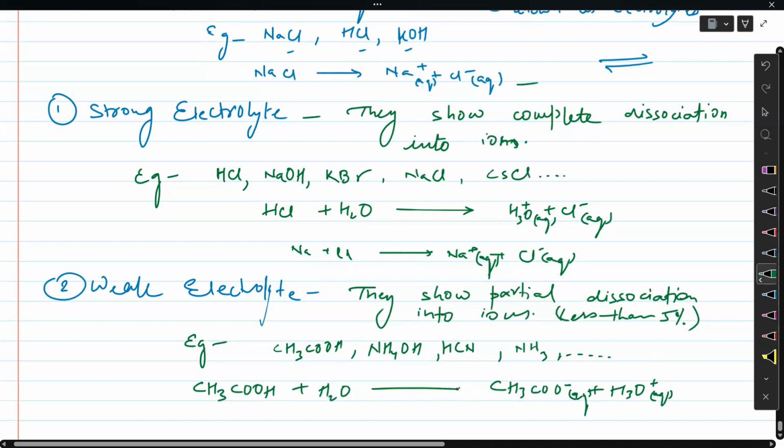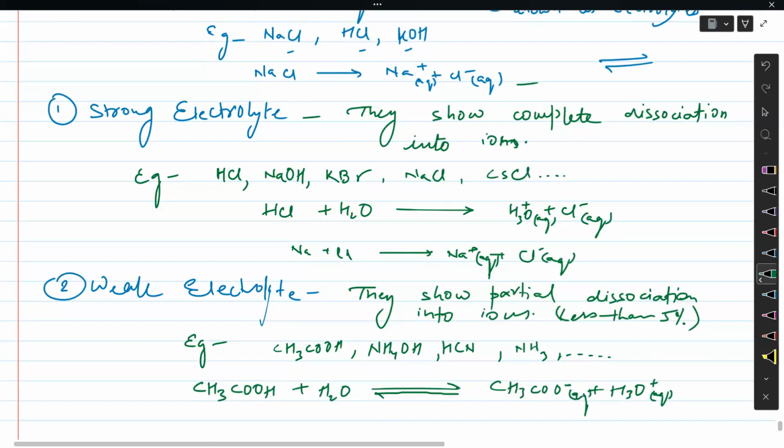Since there is no complete dissociation, there will be an equilibrium between the molecules and the ions. This is what is meant by partial dissociation. So dissociation is not complete, and that is why they are weak electrolytes. Only 5% will be dissociated, and the rest 95% will remain as the molecule.